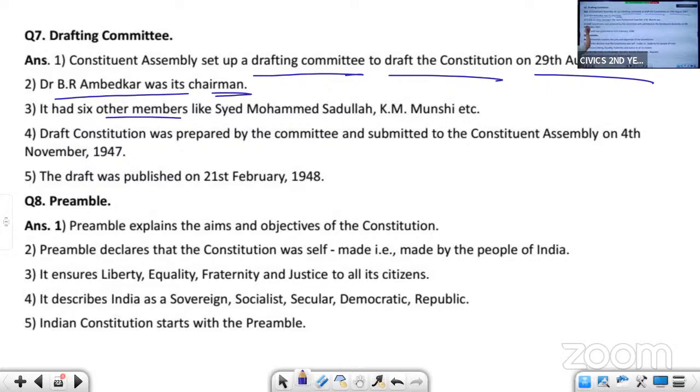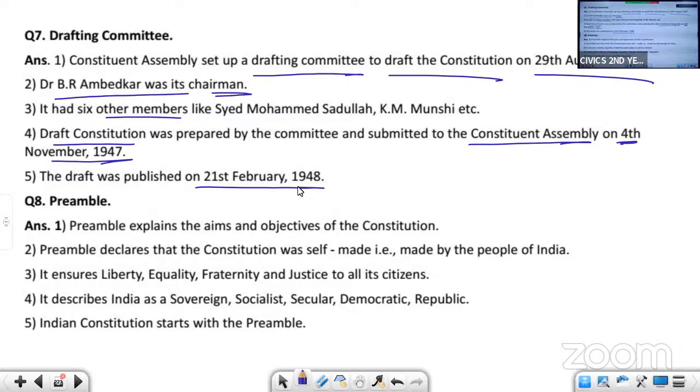The draft of the constitution was prepared by the committee, and they submitted the draft to the Constituent Assembly on 4th November 1947. The draft was published on 21st February 1948. So this is your Drafting Committee.